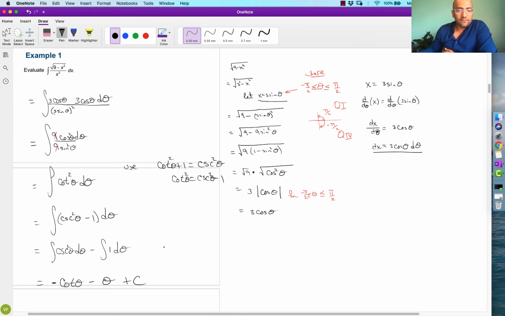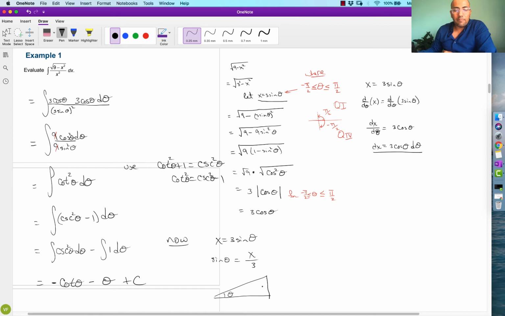So now, using that we let x equal to 3 sine of theta, we can divide both sides by 3 and move it around, and I end up with sine of theta equals x over 3. So if I create a nice little triangle here, here is theta.